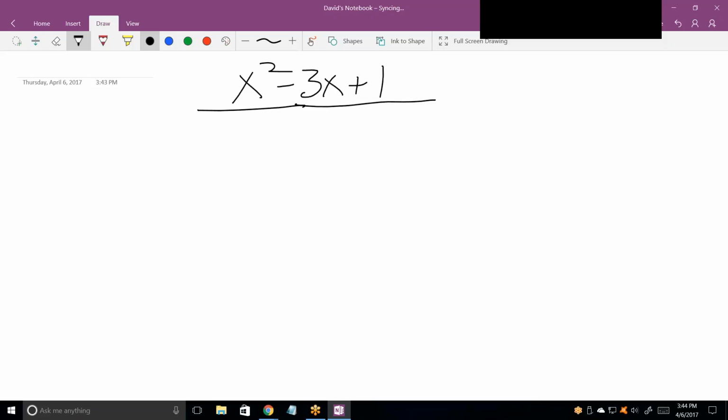Divided by x to the fourth plus 4x to the third, minus 2x squared plus 8x minus 4.